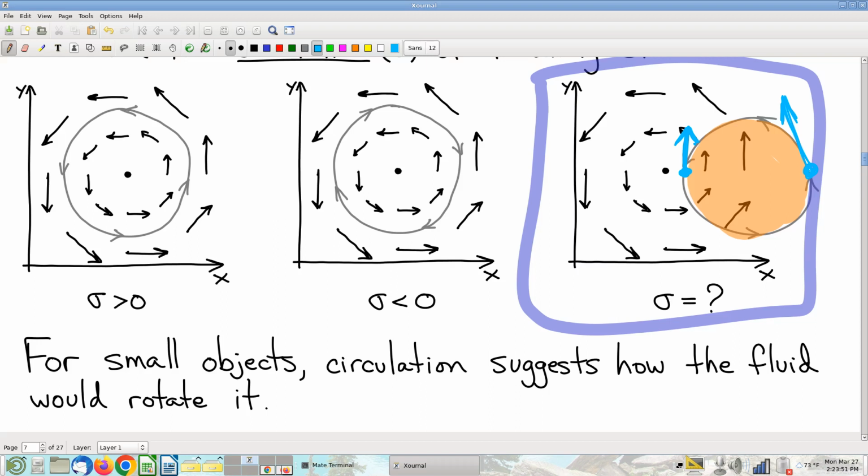In some sense, there's going to be a tug of war between the two different sides that the water is pushing on, and we'd have to actually compute the integral to see for sure whether this outside force pushing it counterclockwise was more or less than the inside force pushing it clockwise. And so that's why I leave the answer here as a question mark, because it's really not obvious from the picture. Does that make sense to everybody?